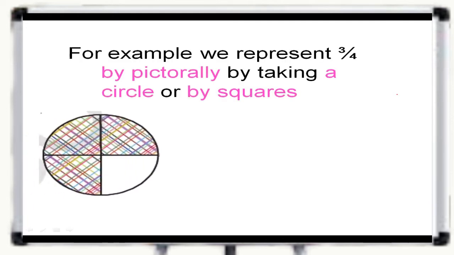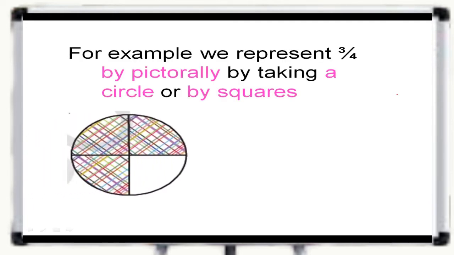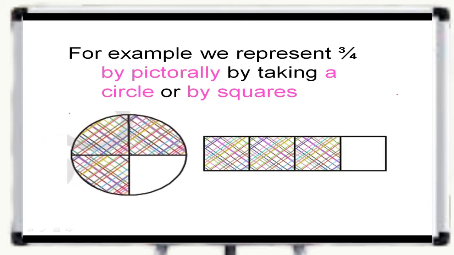For example, we represent 3 by 4 pictorially by taking a circle or squares. So here 3 by 4, that means the denominator 4 shows the parts. How many parts do we have to divide the square or circle into? 4 parts.